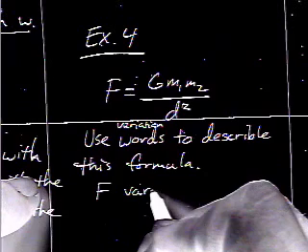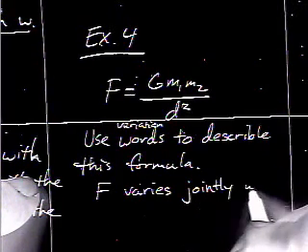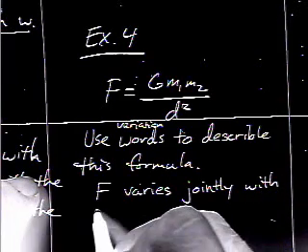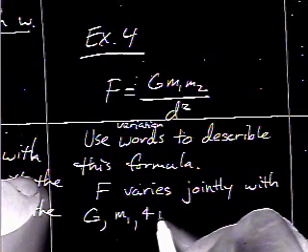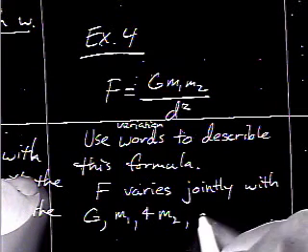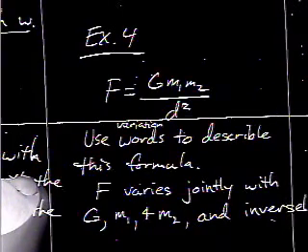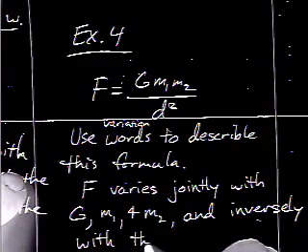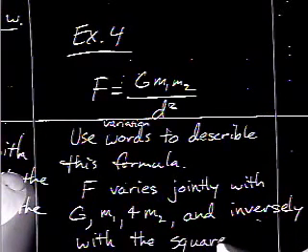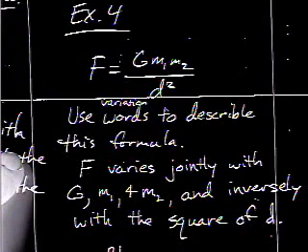F varies jointly with G, M1, and M2, and inversely with the square of D. Okay?